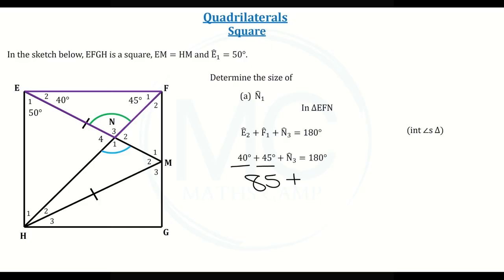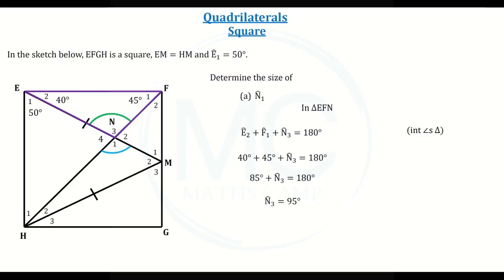So we have 85 plus N3 is equal to 180. And now to solve, we simply move 85 to the right. So we get angle N3 is equal to 180 minus 85, which leaves us with 95 degrees.